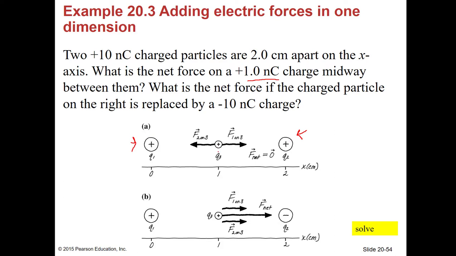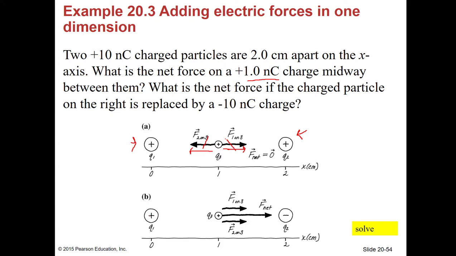Luckily, in the first scenario, we don't have to do any calculating if we draw the picture correctly. So there's a force from 1 on 3 to the right, this direction, as you can see. There's a force from 2 on 3 this way, right? They're in the directions that I'm drawing because they are same charges, like charges, and they're repelling each other. Q1 and Q2 are the same magnitude. This is the same distance. These actually cancel out. So there is no net force.